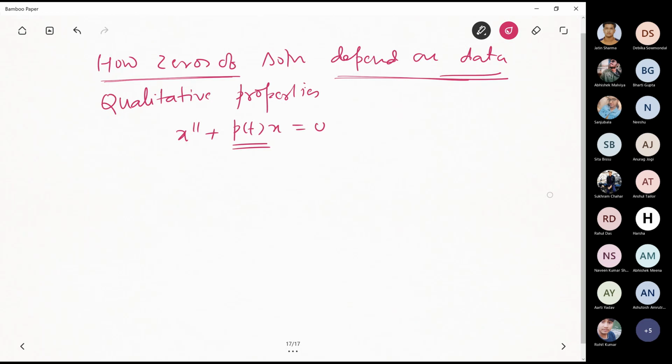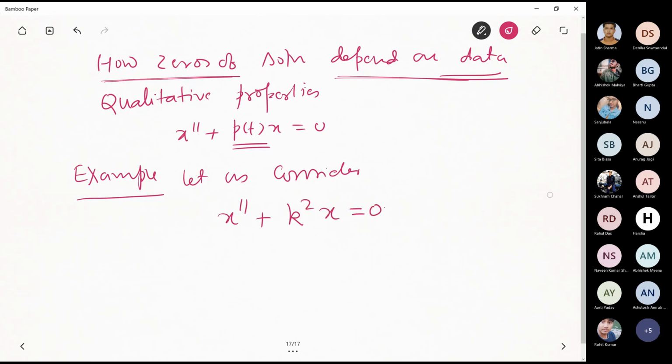For example, let us consider the equation x double prime plus k square x equals 0. We know that the solutions of this equation are sin kt and cos kt. These are the two solutions.